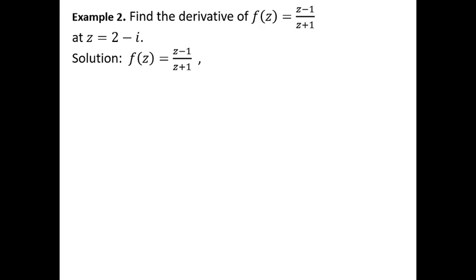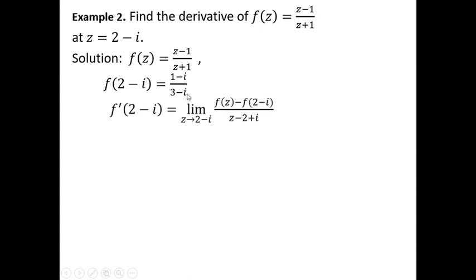Therefore, first we find the f(z0) value and then substitute in the formula. Let f(z) be (z minus 1) divided by (z plus 1). Therefore, f(2 minus i) is (1 minus i) divided by (3 minus i), because putting z = 2 minus i, 2 minus i minus 1 is 1 minus i, divided by 2 minus i plus 1, that is 3 minus i.